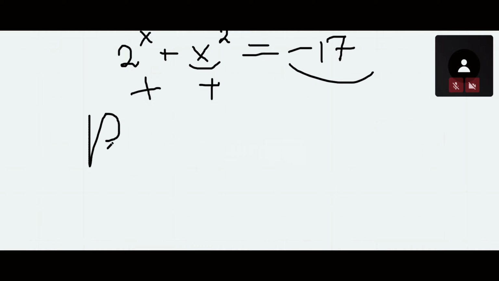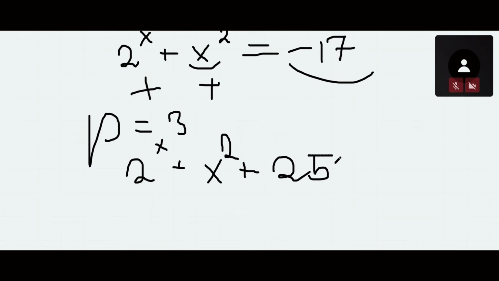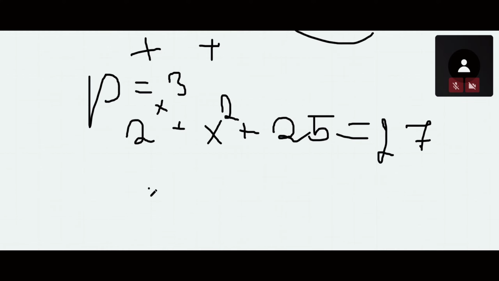Let's check p equal to 3. 2 to the power of x plus x squared plus 25 is equal to 27. If we subtract 25, we get 2 to the power of x plus x squared equal to 2.